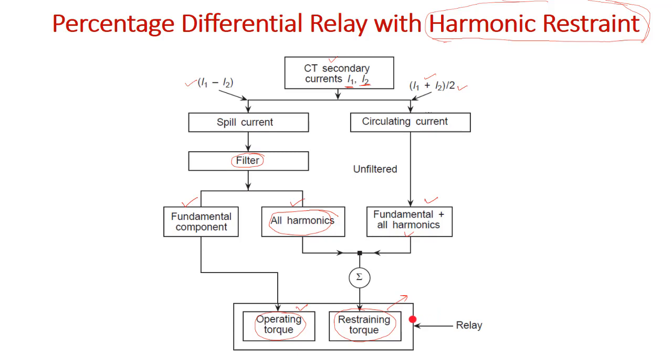Therefore the relay will not maloperate under this inrush condition. This is how we can design a percentage differential relay with harmonic restraint. That means the harmonic content of the current is used to develop more restraining torque in order to avoid maloperation of the relay.